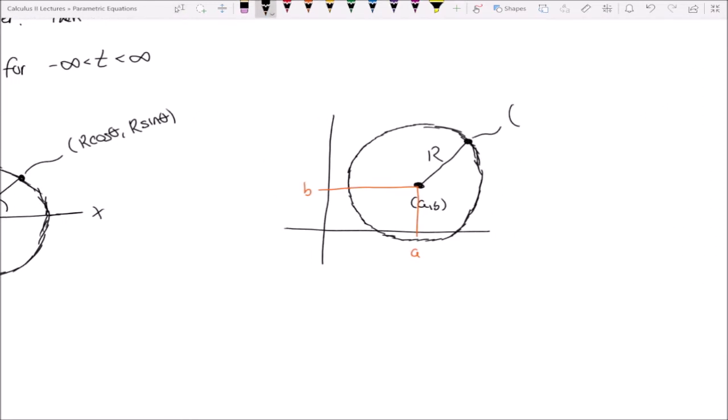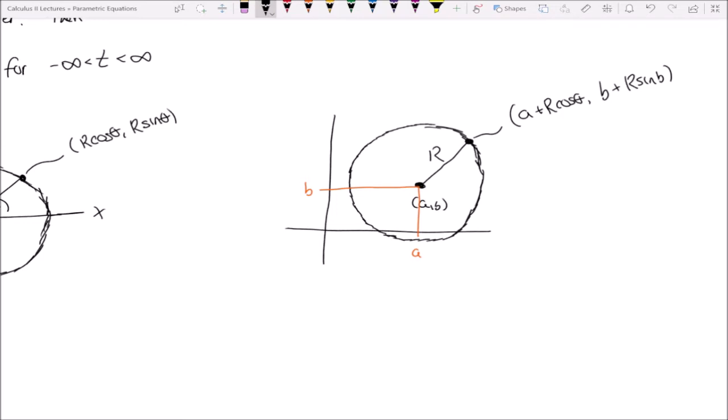How do we describe it? All right. Well, for x, we're still going to have r cosine theta, right? But we moved it a units. So it would then be a plus r cosine of theta. And we can use a similar argument for the y-coordinate.